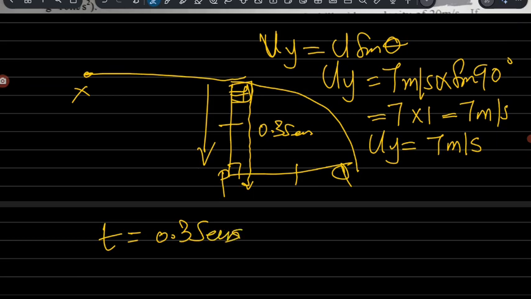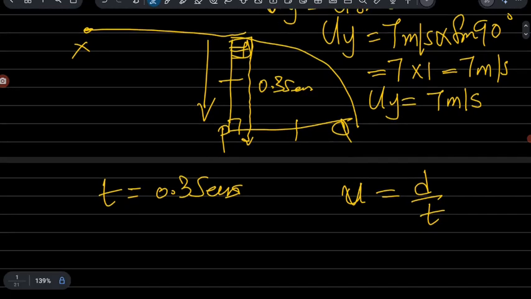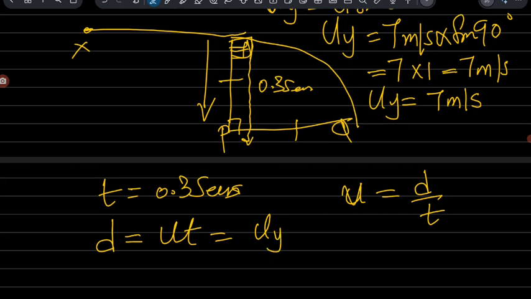Now, velocity is distance over time, and from the question we have to calculate the distance, which is u t, and we are able to get the u y because it moves on the vertical axis.